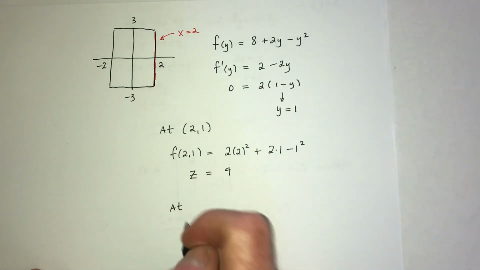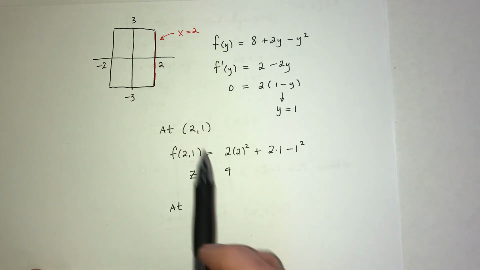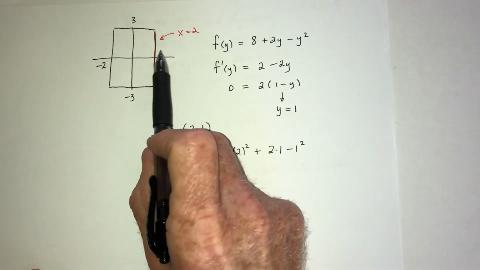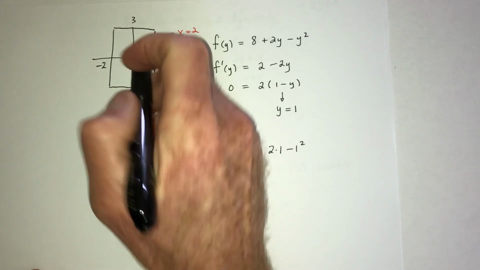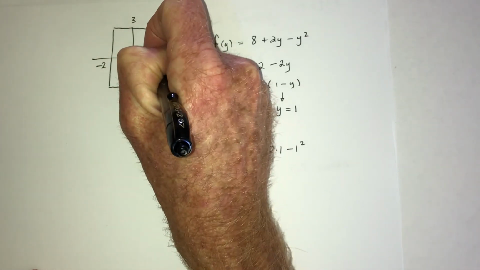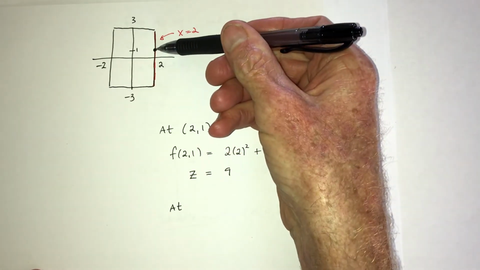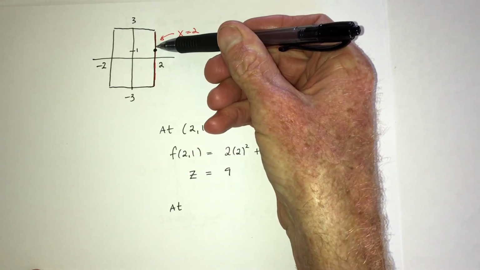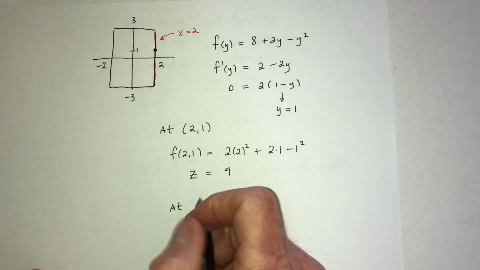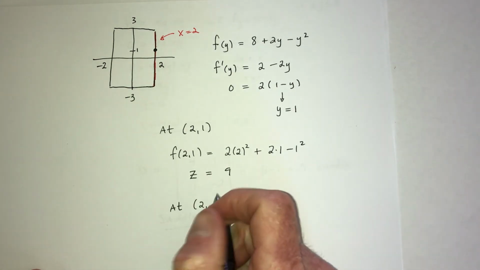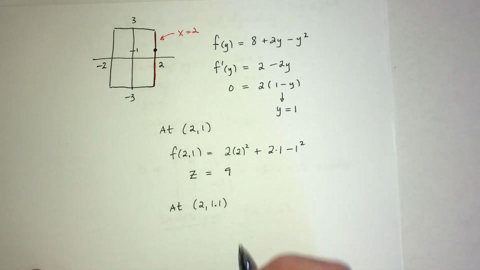Then what if you were really close to that point? Now I know x has to equal 2, but this is the point that we're talking about right now. So what if I made the y value like 1.1? What's going to happen to z? So leave 2 alone and use 1.1.